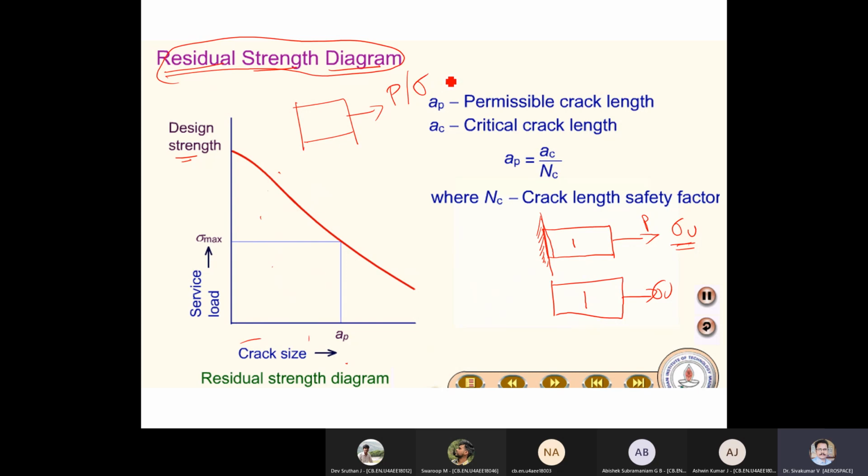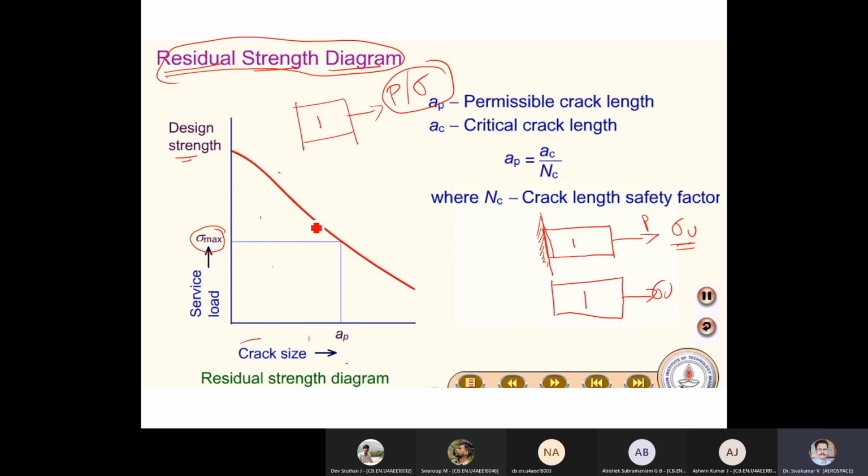This is my operating stress. At that particular operating stress, how much crack size can I allow?